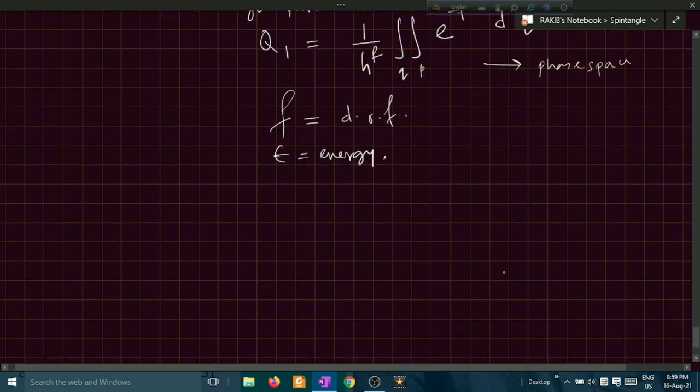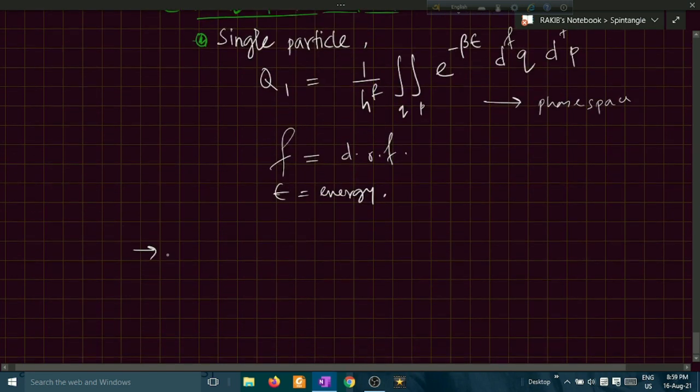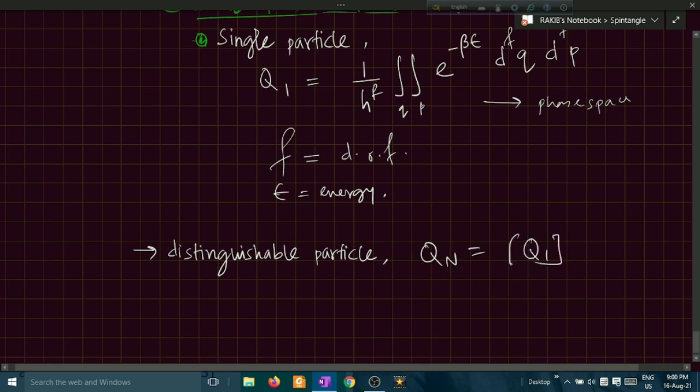This formula is just for distinguishable particles. For distinguishable particles, the n particle partition function will be written as q1 to the power n.